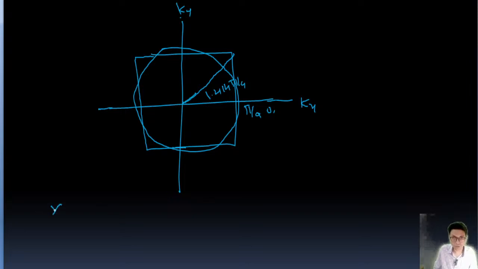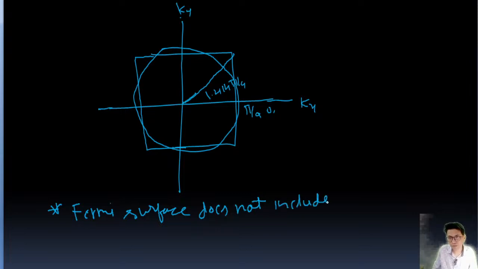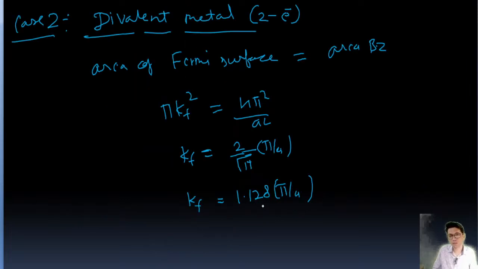Okay, so the Fermi surface does not include the corners of the first Brillouin zone, because this value 1.414 is greater than 1.128, right?